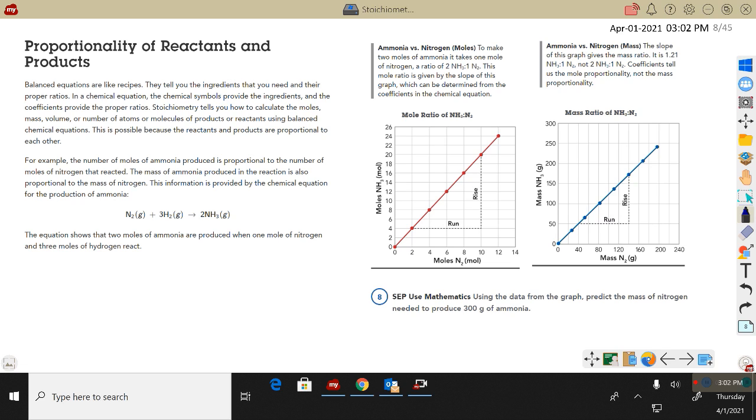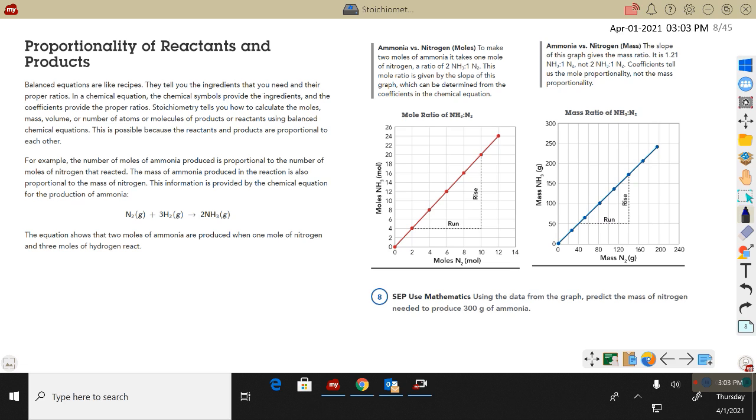Now, one way that we can look at this is by graphing amounts. They took the same balanced equation, and the red graph shows moles of nitrogen versus moles of ammonia. If you want, you can look at the slope, the rise over run, and you should find maybe a rise of like 16 over a run of 8.